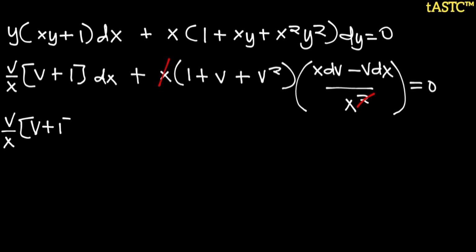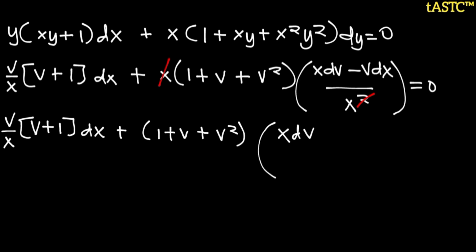This is a v plus 1 dx plus 1 plus v squared. And here we have x dv minus v dx divided by x. And this is equal to 0. Now what is going to be the next step?